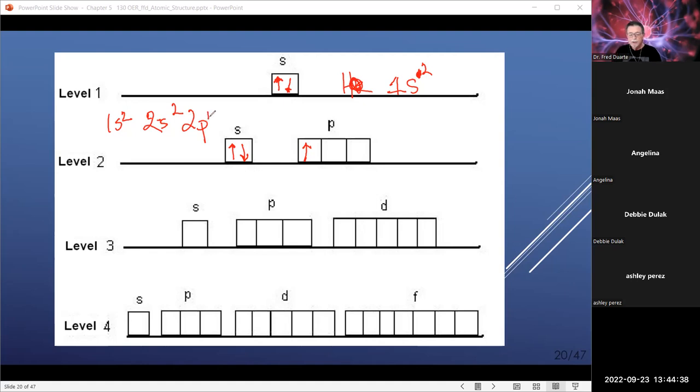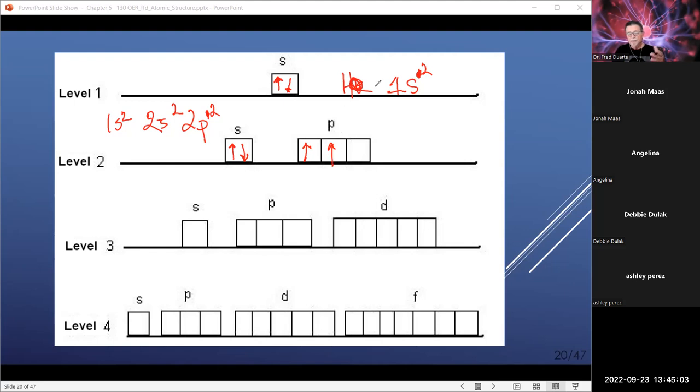And quite obviously, we go over to carbon. Carbon, we have 6 electrons total. So now we just keep adding to the p. Notice that I put the next arrow in the next box.